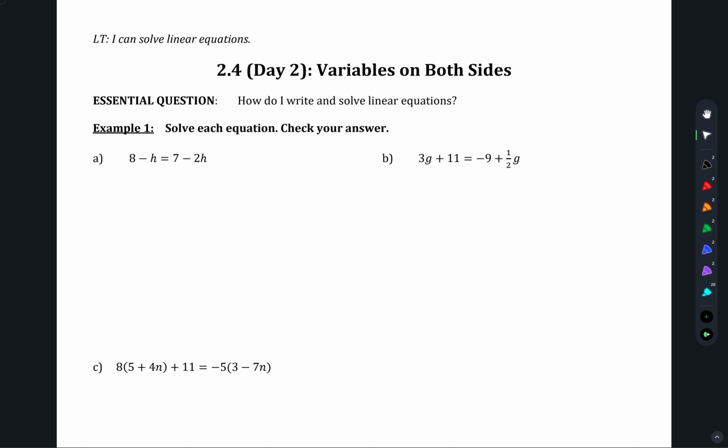Okay, I'm going to zoom through these first few examples from 2.4 because they are very similar to everything that we've been doing for the last few days. So remember our steps. Number 1, we check for anything to distribute. Number 2, we combine like terms.